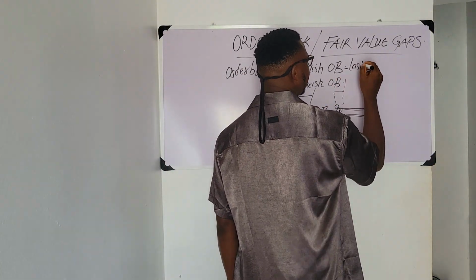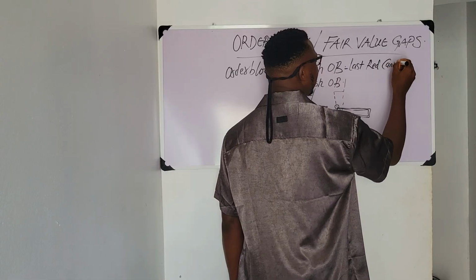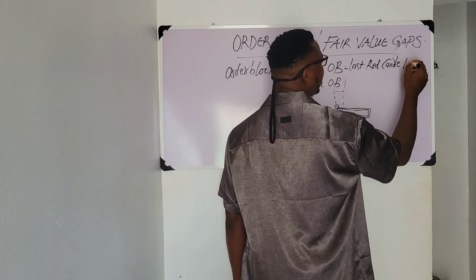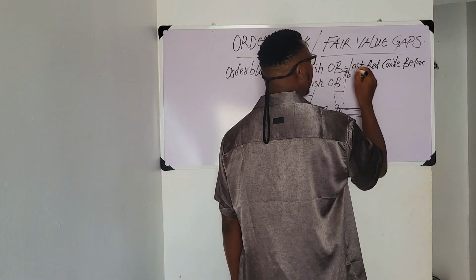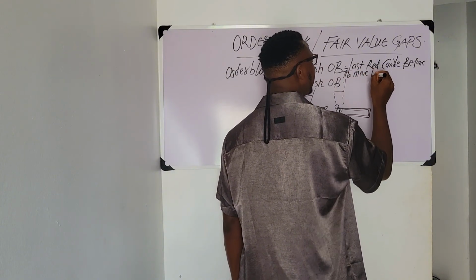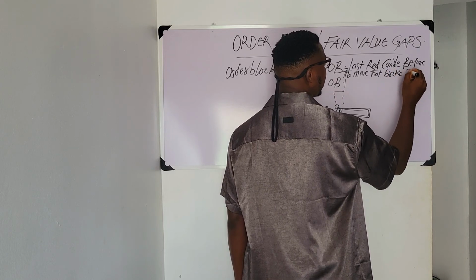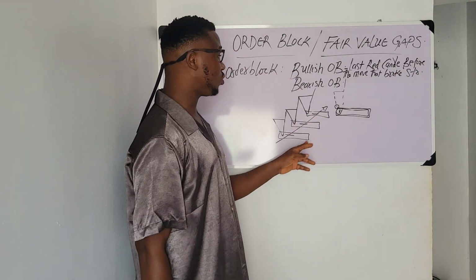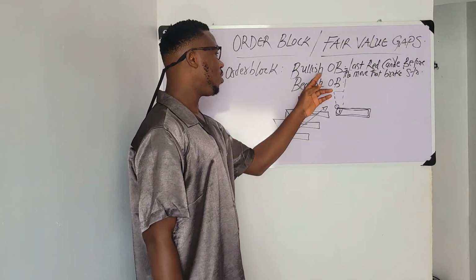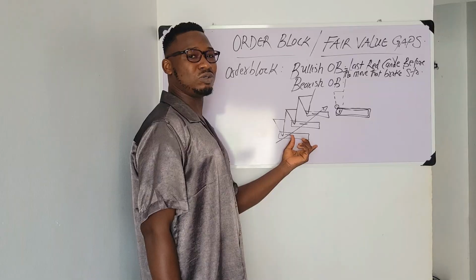Last red candle before the move that broke structure. The last red candle before the move that broke structure is your bullish order block. You always find it in demand zones.